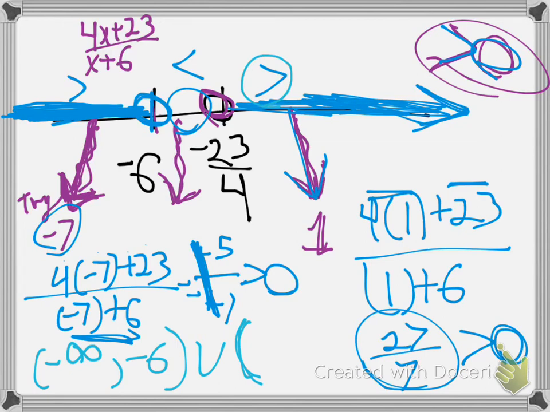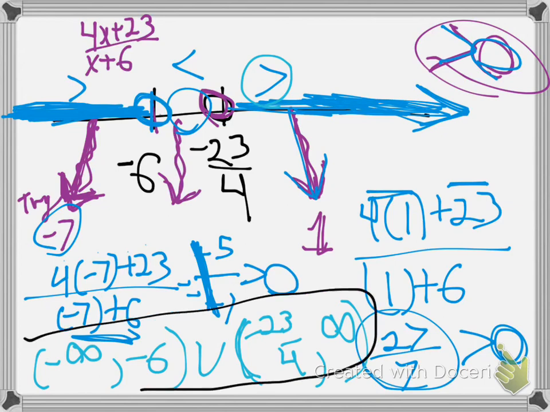We don't get to use equal to. And then from -23/4 all the way to positive infinity. I'll go ahead and circle that. That's our solution set, of things that actually do, when you plug them in, make this greater than 0.